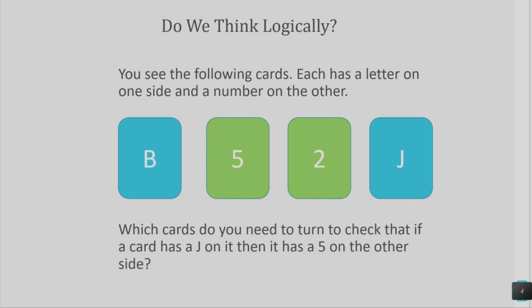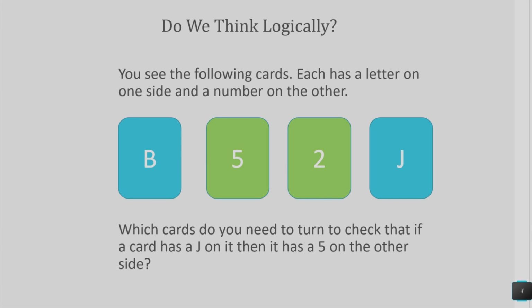Now, which cards do you need to turn out of the 4 in front of you to check that it is true that if a card has a J on it, then it has a 5 on the other side?